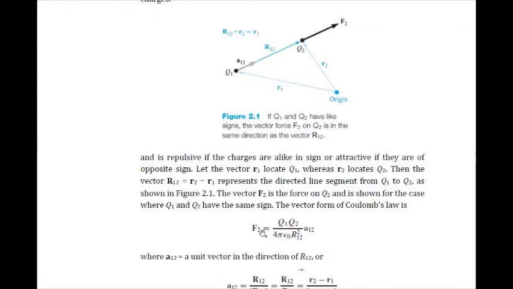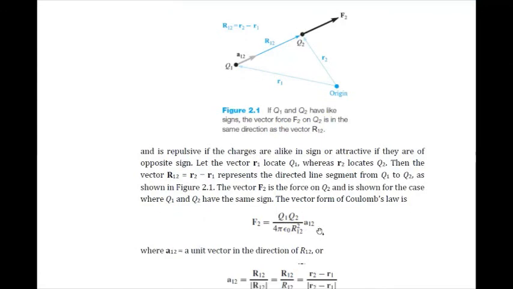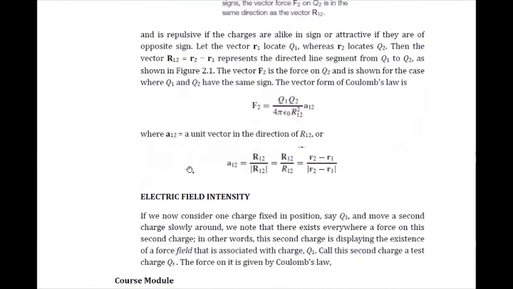This will be F2 equals Q1 Q2 over 4 pi epsilon sub O, then meron tayong magnitude na R12 squared, then ito yung unit vector naman na A12. Okay? Wherein A12 is a unit vector in the direction of R12.